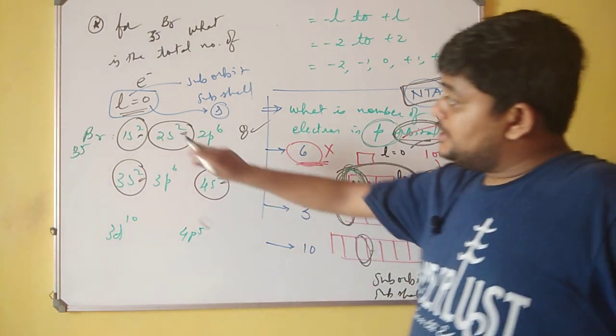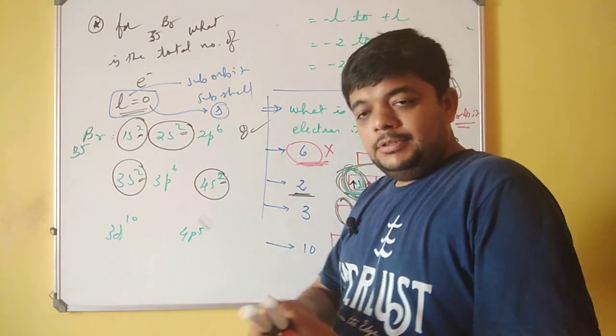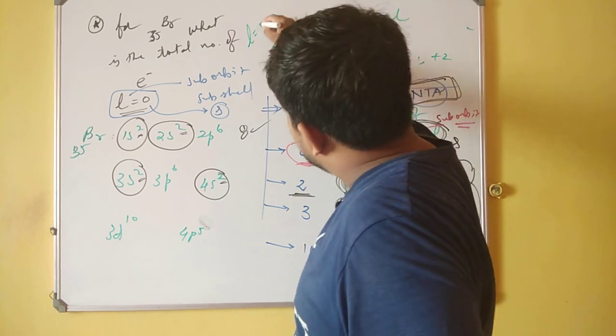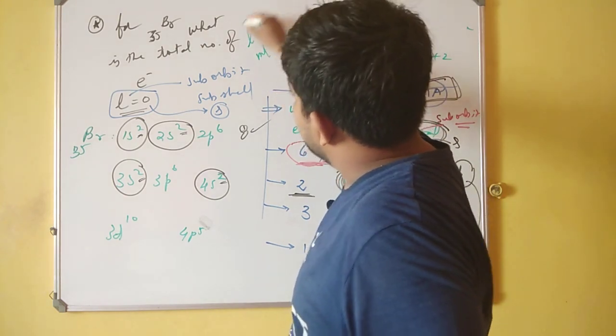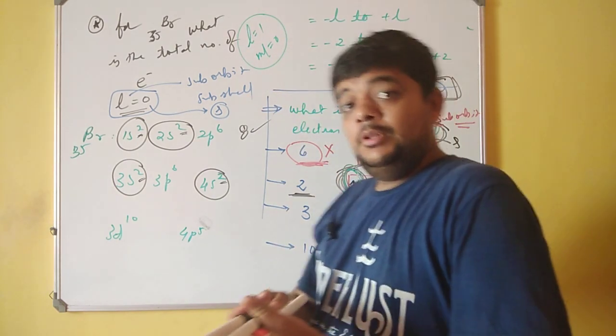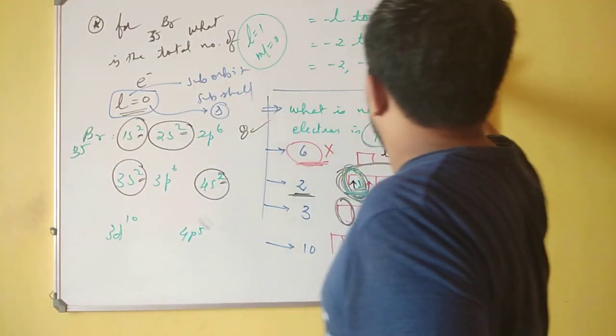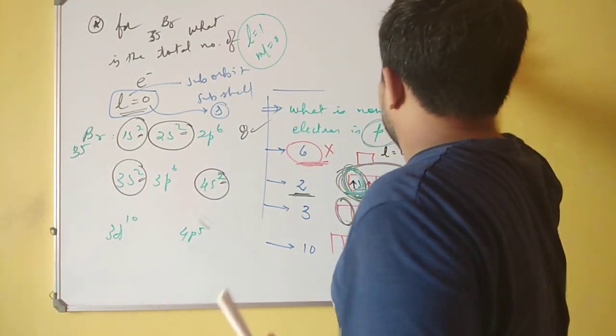Now, instead of this, if the great fellow tells us L is equal to 1, ML is equal to 0. Now comes the real output of what we are discussing since morning.